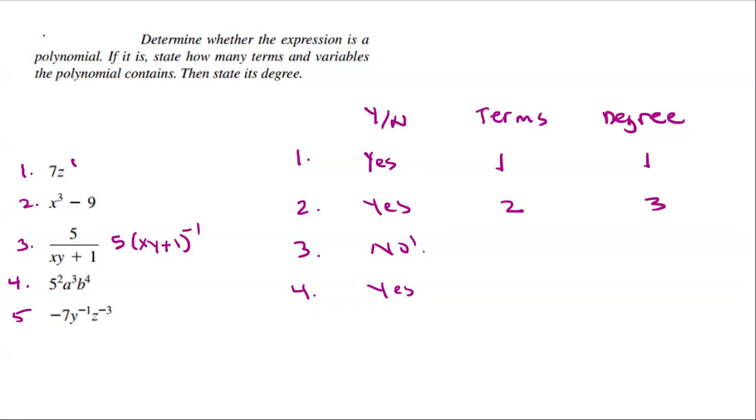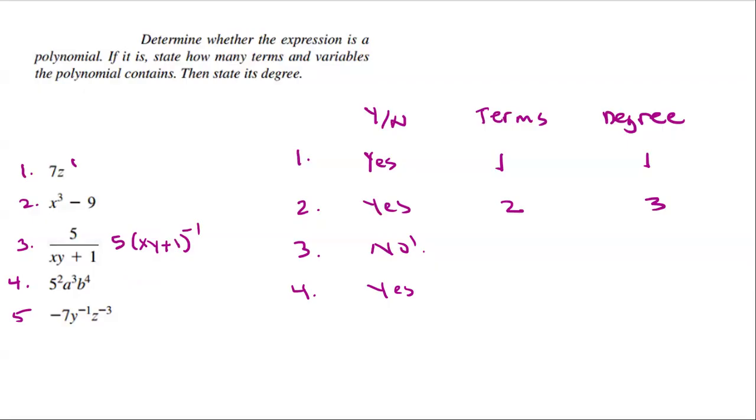And then how many terms do we have here? Just one term. This is all being multiplied as one term. If it was, say, 5 squared plus a cubed plus b to the fourth, then yes, that would be three separate terms. But they are being multiplied, so that's only one term.